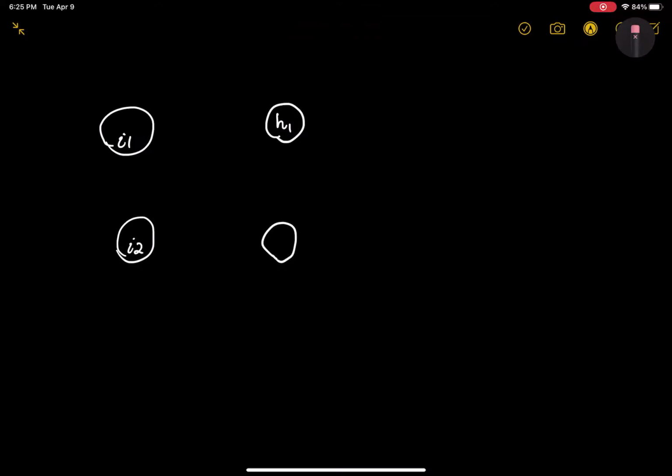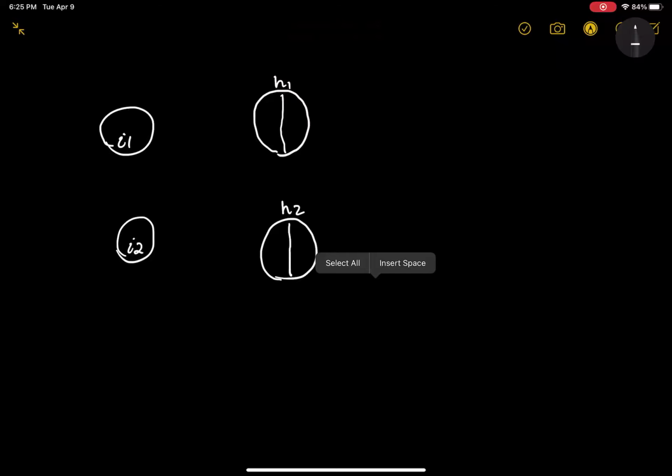Well, let me draw it differently this time. I'm going to make it a little bit larger. I have a reason for that. I'm going to put its name outside of it, H1 and H2. I'm going to put a line here. I have a reason for that, and now I'm going to explain it.